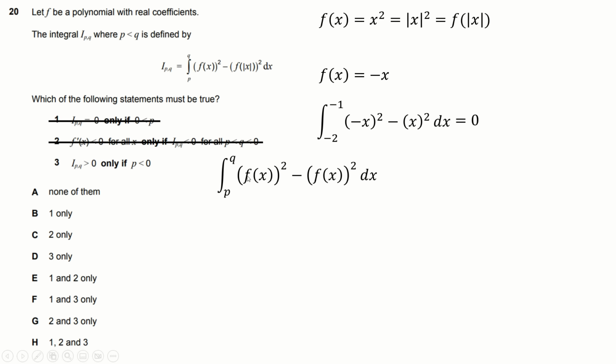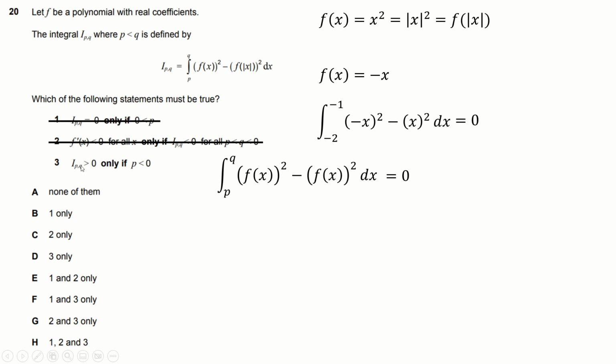And so this is just 0 again. And so here's a case where, basically, if p is bigger than 0, this is definitely 0 every single time, which means that the only way the integral could ever hope to be bigger than 0 is if p is less than 0, because it's always 0 if p is greater than 0.